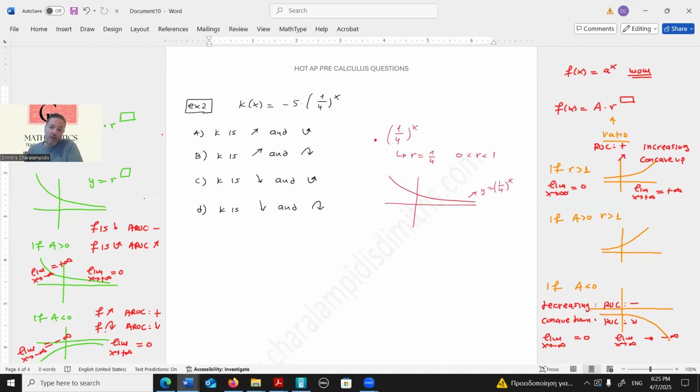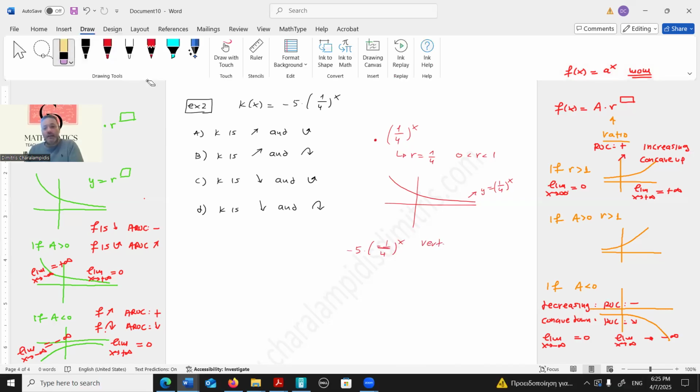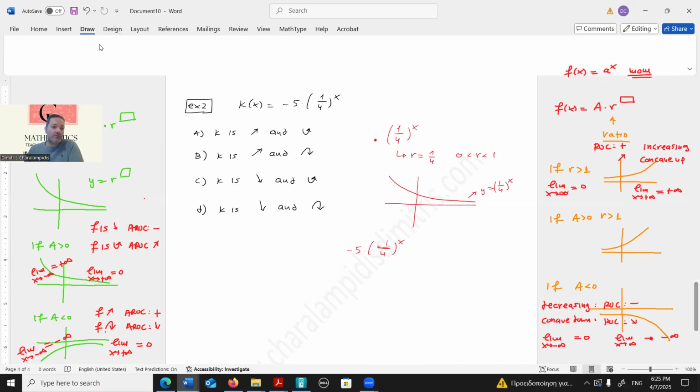Then that one was multiplied by negative 5, which shows a vertical, let's not call it vertical dilation, which shows a reflection. A reflection to the x-axis.